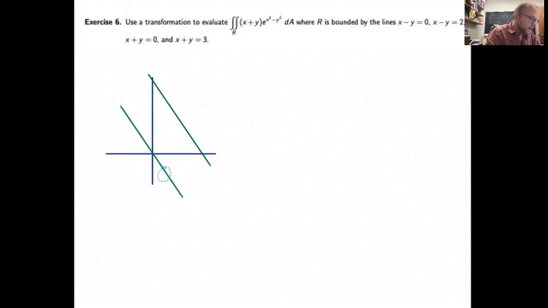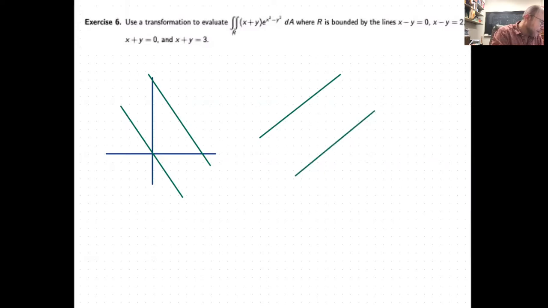I'll try not to worry too much about it. All right, and then lines like these that have x minus y equals 0 or something, those are going to have a slope of 1. So I'm going to make myself a couple of lines that look kind of like they have a slope of 1 and call it good enough.